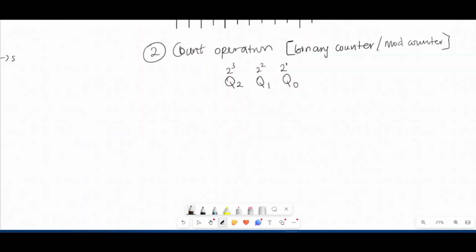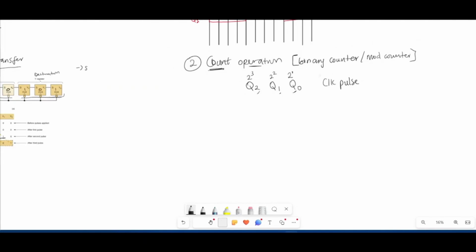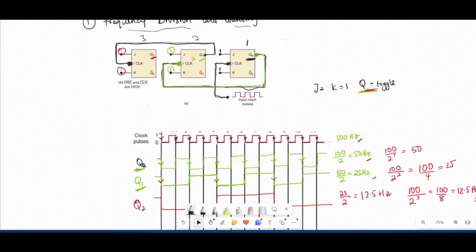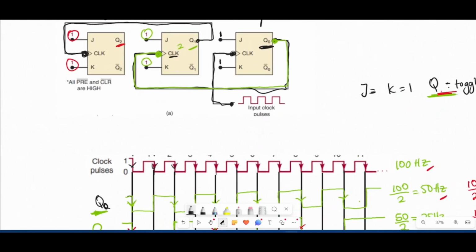Now looking at the second application of the JK flip-flop, in the case of the counting operation. So we have our three JKs Q0, Q1 and Q2. And we have our clock pulse coming in as shown in our diagram over here. These are our clock pulses.